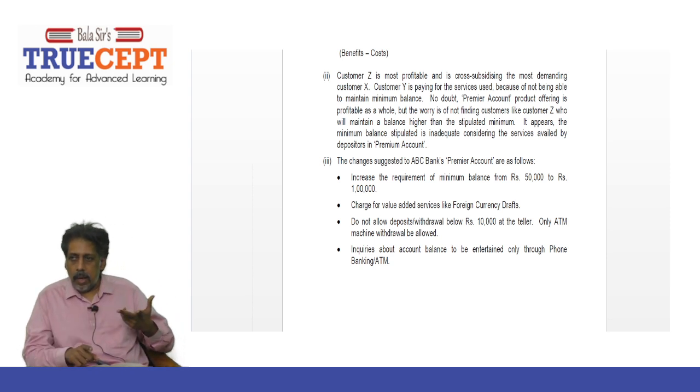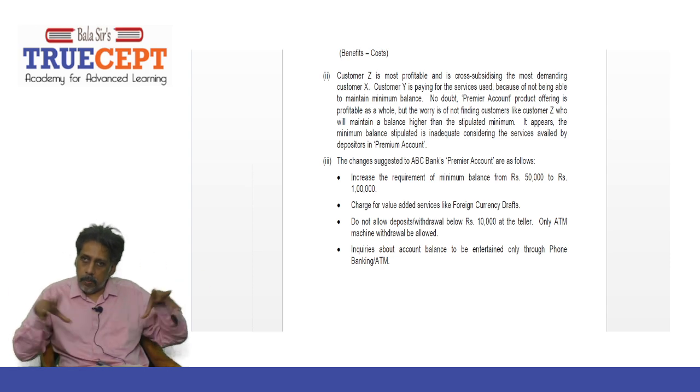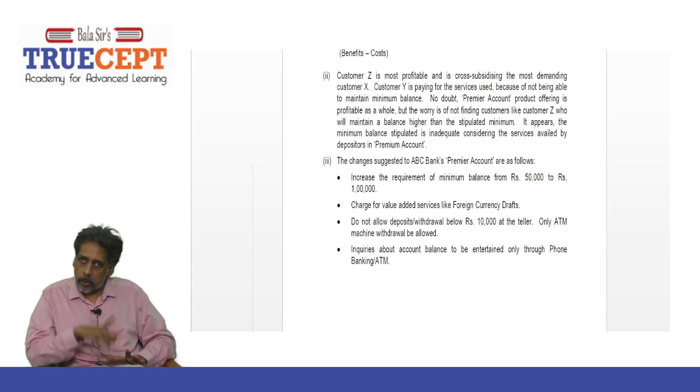Because Z is making a profit of 29,660 and Y are compensating for X, the 10,500 loss. Is that fine? Yes, sir. See, overall, these accounts are profitable, overall basis. When you add up all the three accounts put together, it's profitable.